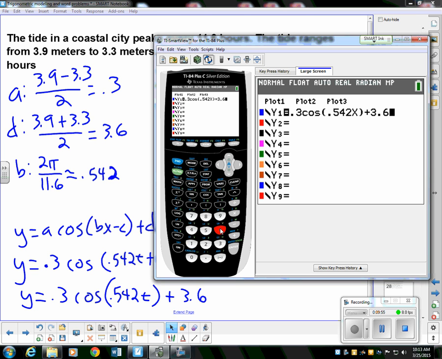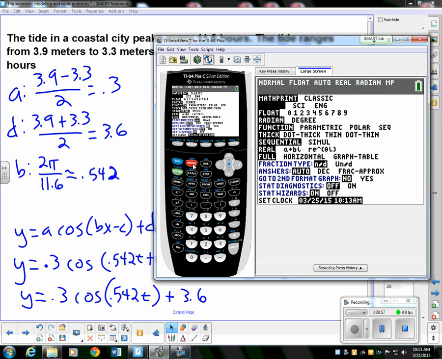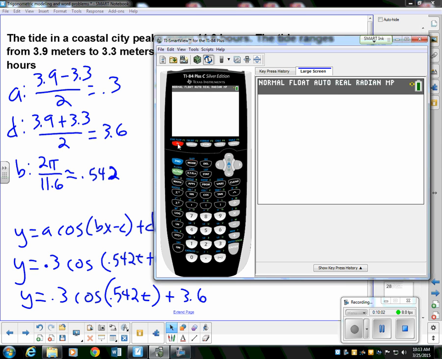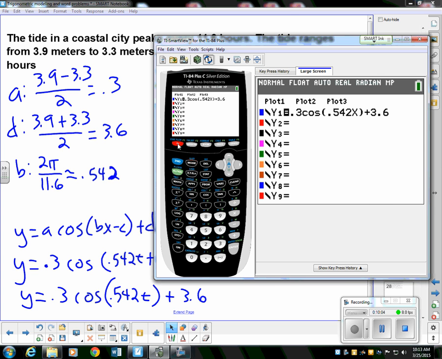And when we're doing all these, we need to always be in radian mode. That will solve a lot of problems. I'm not saying it won't necessarily be right in degree mode, but it's best to keep it in radian mode. I'm just looking to make sure I typed it in correctly: 0.3 cosine of 0.542 x plus 3.6.